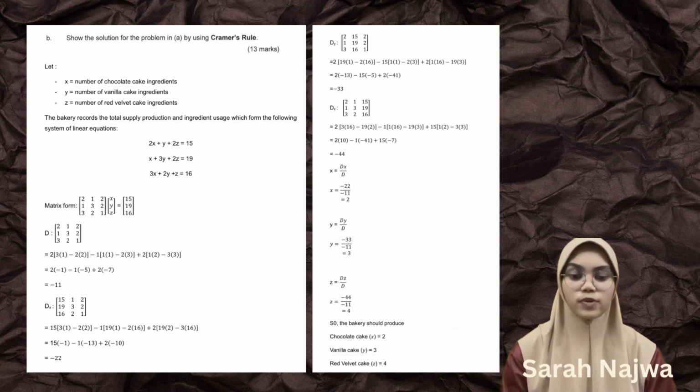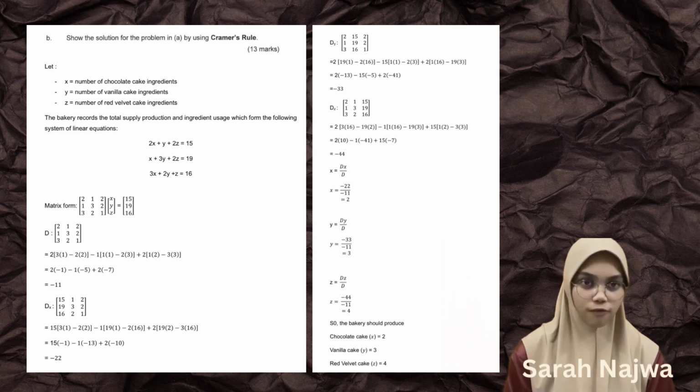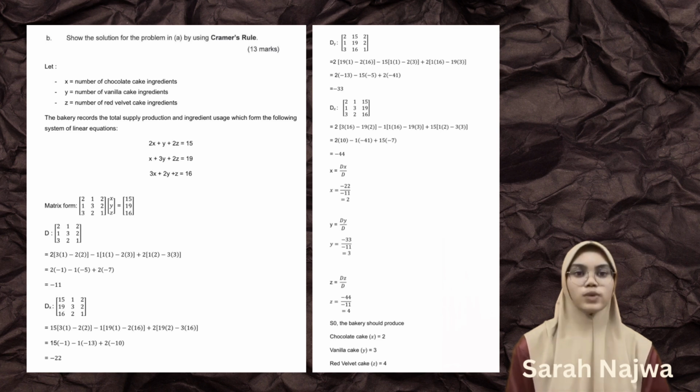The first equation represents the use of flour: 2x plus y plus 2z is equal to 15. The second equation represents the use of sugar: x plus 3y plus 2z is equal to 19. The last equation represents the use of butter: 3x plus 2y plus z is equal to 16.